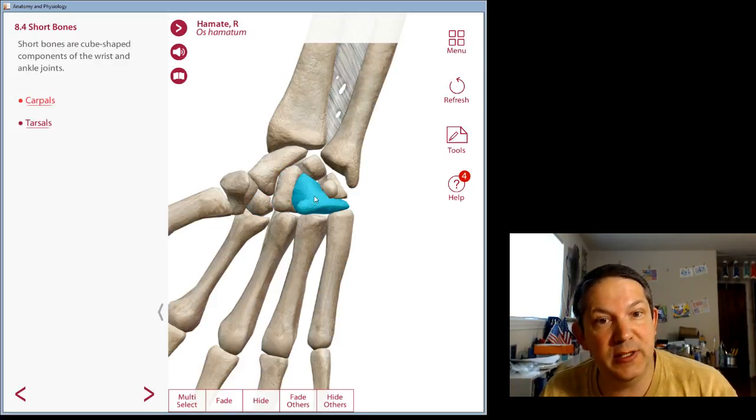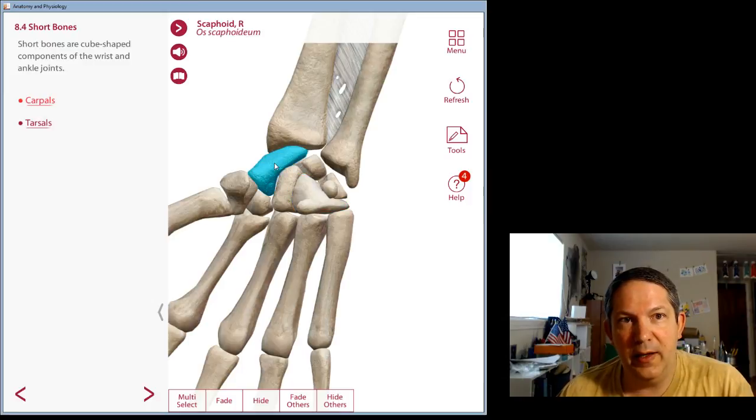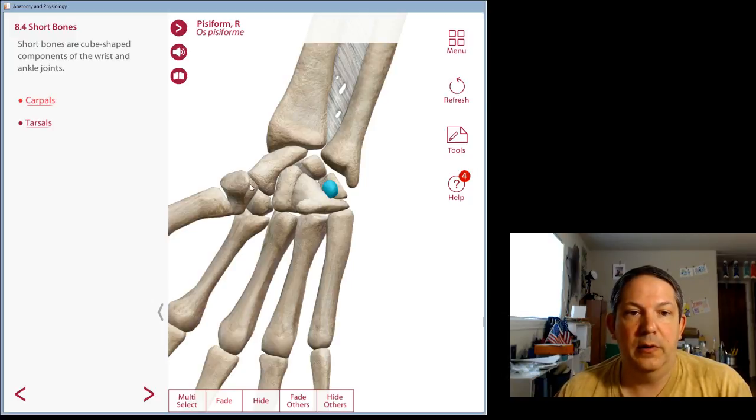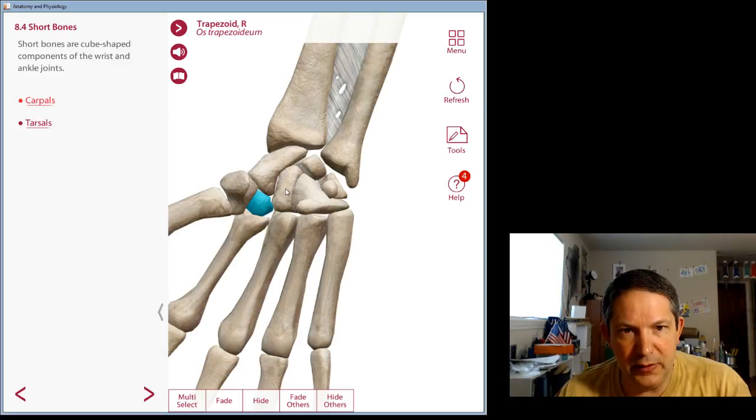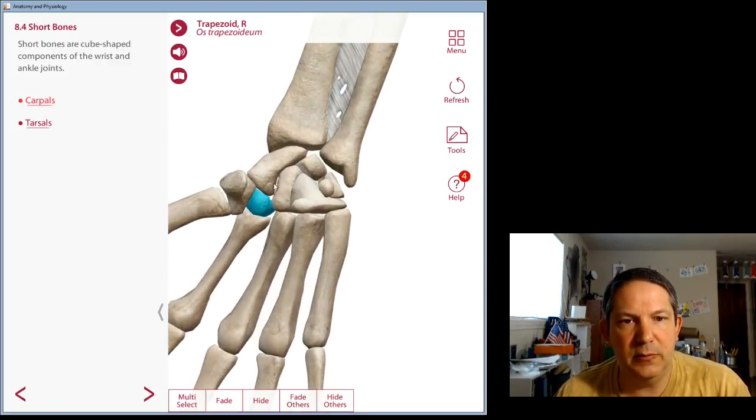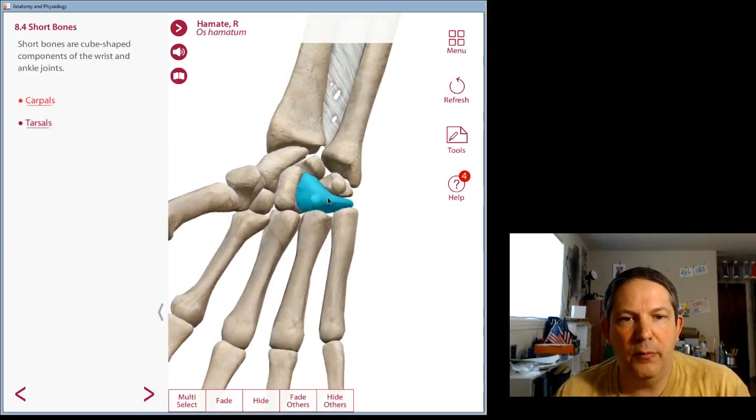Some lovers try positions that they cannot handle to help you remember at least the first letters for scaphoid, lunate, triquetral, pisiform, and then the trapezium, trapezoid, capitate, hamate.